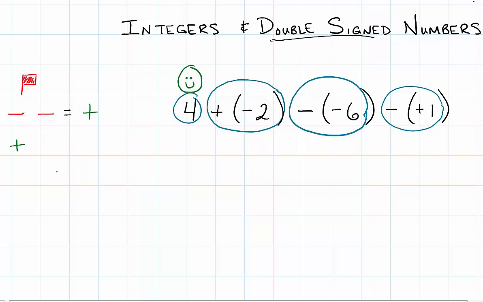Everything else, positive next to a negative or negative next to a positive, both of those keep the number as negative. And what I like to say is just cross out the plus signs. That's the easiest way to do this. So when I go and look at negative 2 with the positive sign in front of it, if I cross this plus sign out, I have a negative 2.